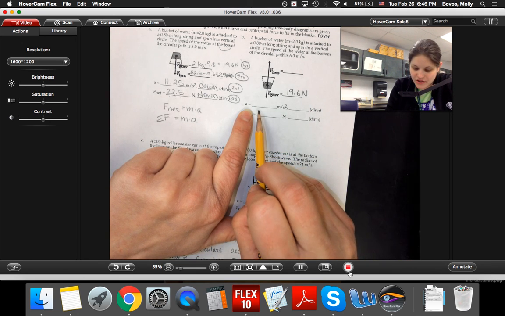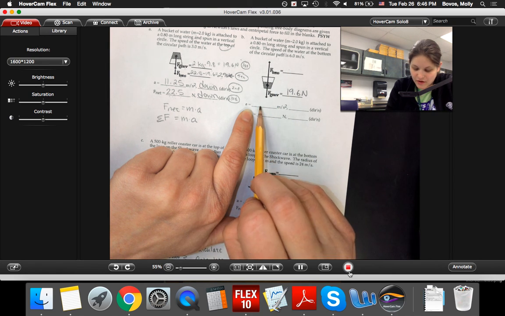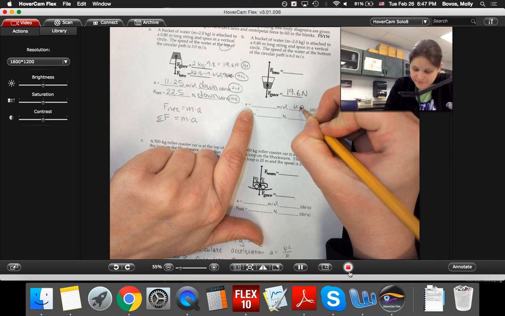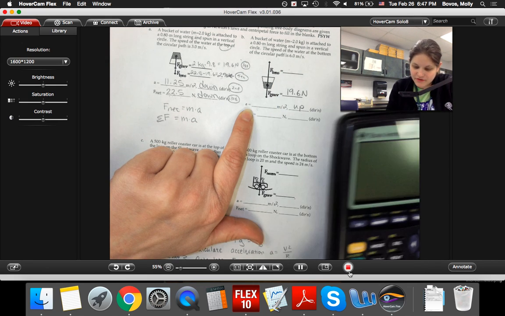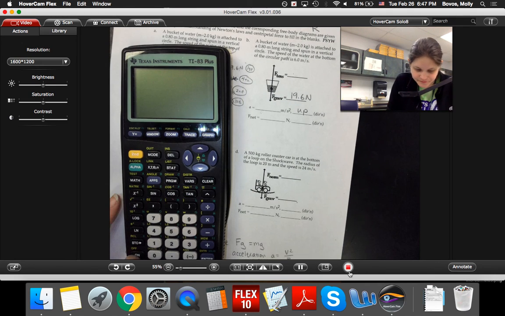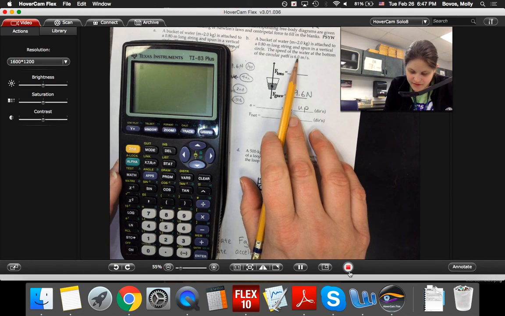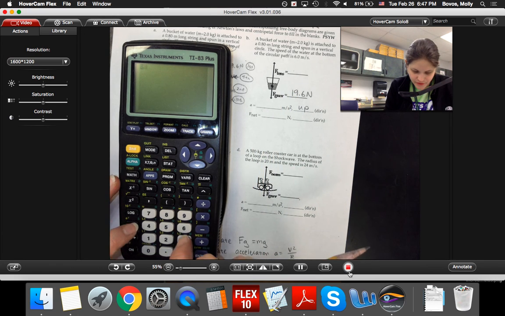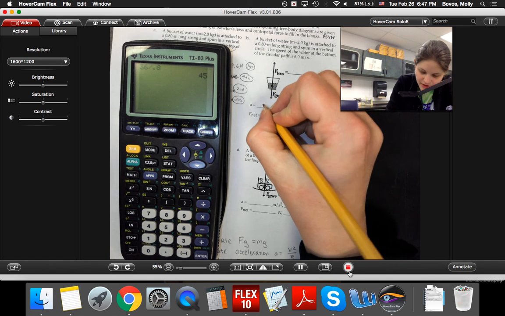Our acceleration is going to be going upward, okay, because it has to be pulling in this direction. So to figure out my acceleration, we are still going to do velocity squared over r, so 36 divided by 0.8. That gives me 45.